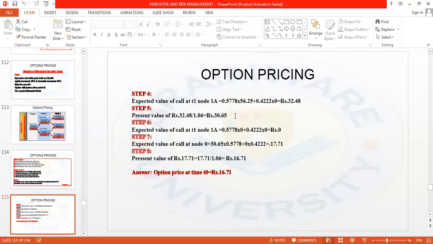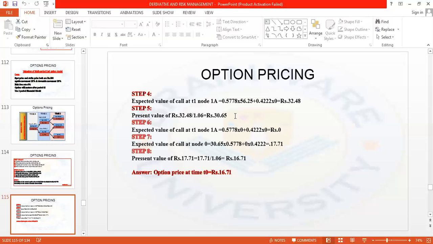So 32.48 divided by 1.06 becomes 30.65. Remember, if the 6% is taken as annual rate and time 2 indicates 1 year, in that case, the discounting factor will be 1.03, that means 3% interest rate instead of 1.06. But for simplicity, we have assumed it as 6% for each time frame.